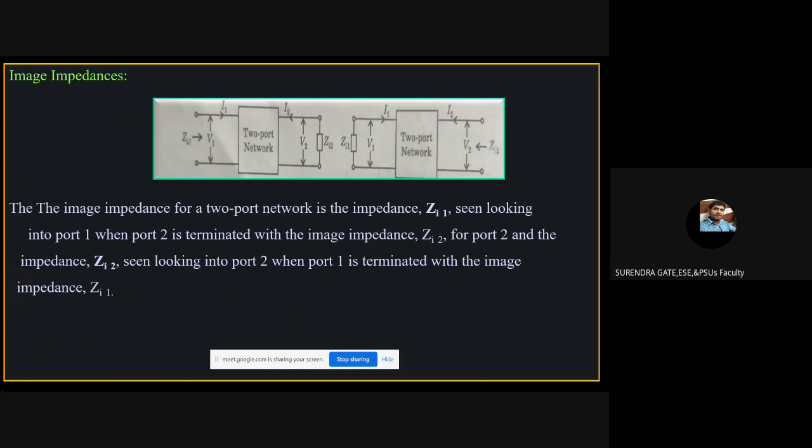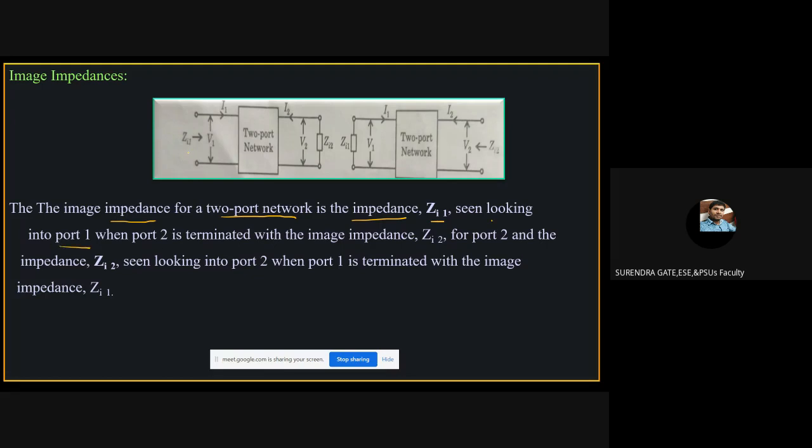Later on, I want to explain some important models. Image impedances. This is also an important topic. So what do you mean by image impedances? When are two impedances said to be image impedances? See, the image impedance for a two-port network is the impedance Zi1 seen looking into port 1.